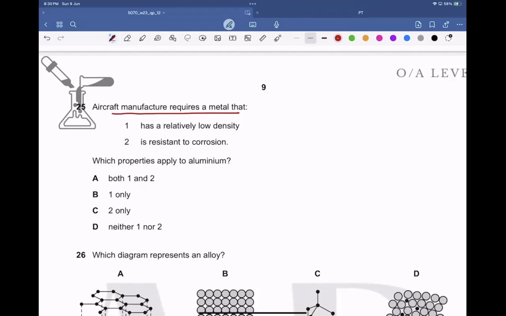Okay. Aircraft manufacturer requires a metal. Number 1 has a relatively low density, is resistant to corrosion. Which property applies to aluminum? Both 1 and 2, right? B, C, and D go wrong. They have a low density and they resist corrosion as well.